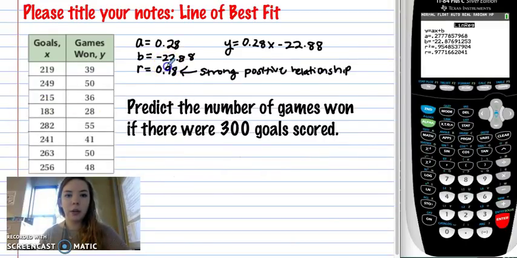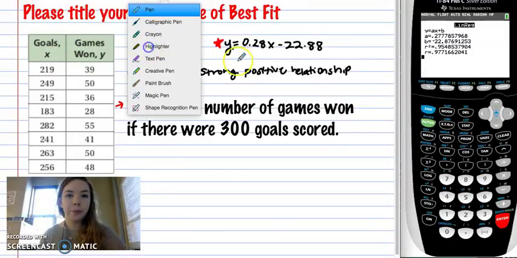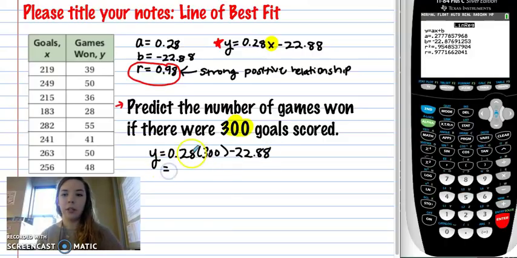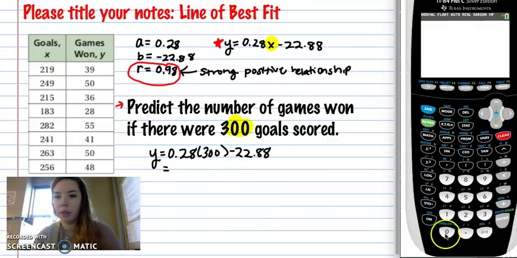So back here, that's how I know this is a strong positive relationship. It is very close to positive 1. And then this is my equation. Now it asks us to predict the number of games won if there were 300 goals scored. So 300 is x. So what I'm going to do is plug in 300 for x in my equation. So I'm going to have 0.28 times 300 minus 22.88. And I'm just going to type that into my calculator here.